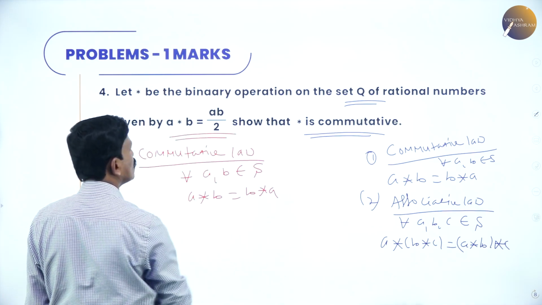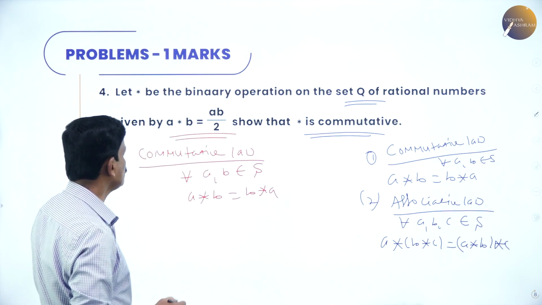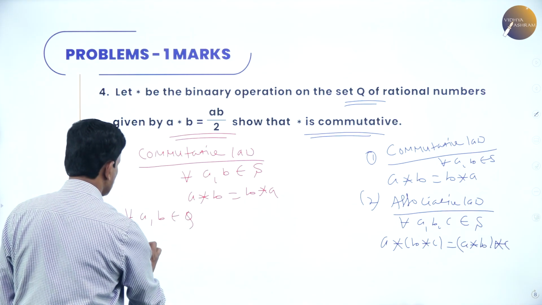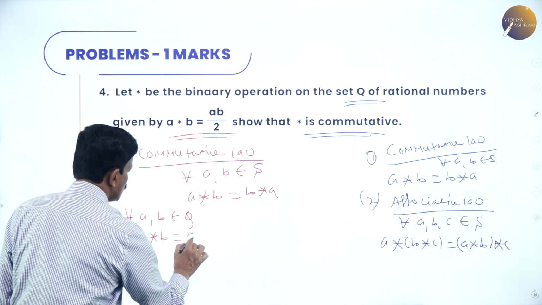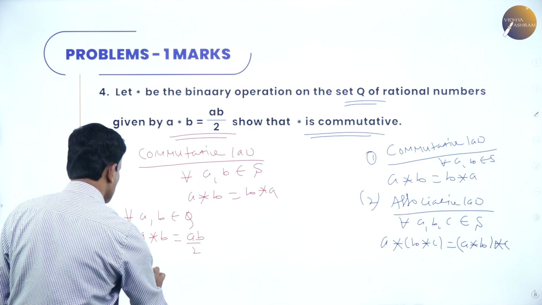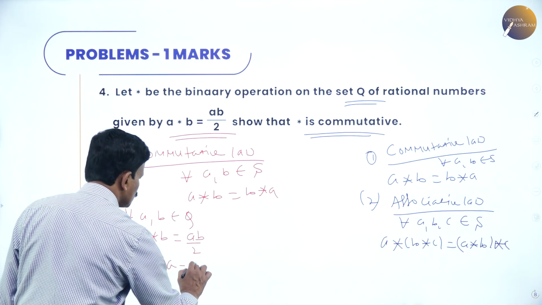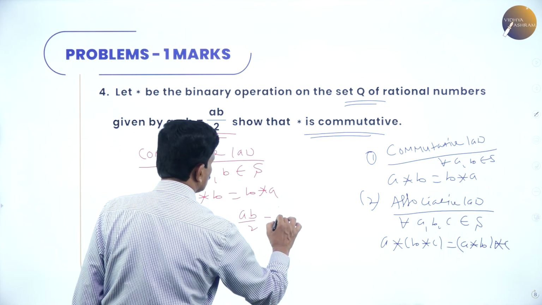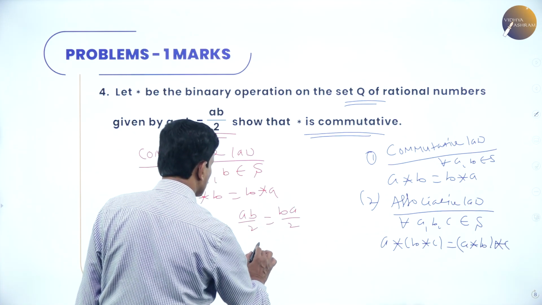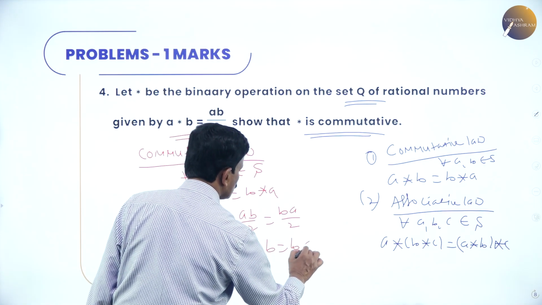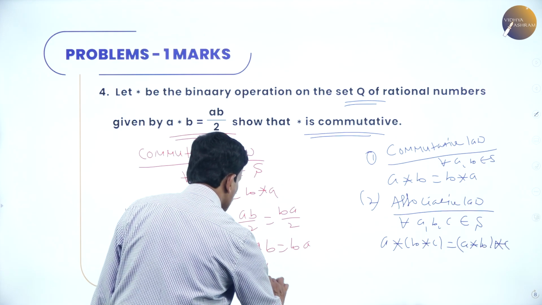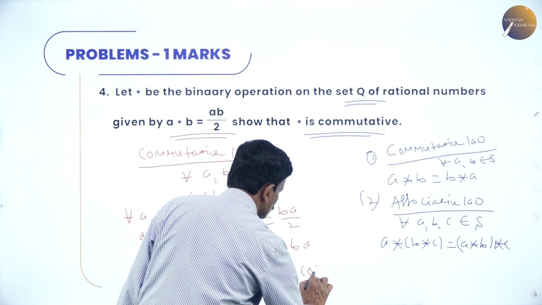For all a, b belonging to Q, a star b is equal to ab by 2, and similarly b star a is equal to ba by 2. So ab by 2 is equal to ba by 2, the division by 2 gets cancelled, ab is equal to ba, a into b is equal to b into a. So therefore star is commutative.